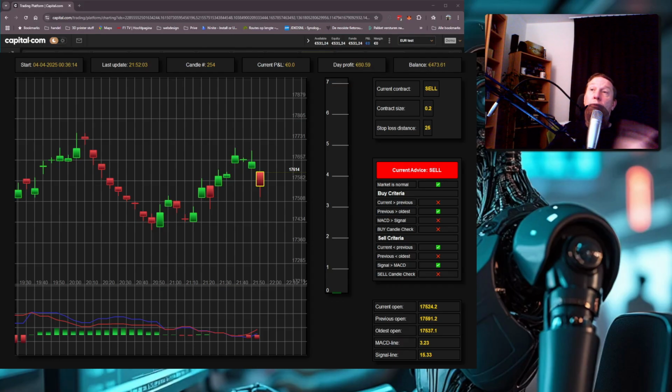It's not correct because it should be 533, but it looks like there is some kind of a calculation error in the current balance with the day profit, and that is not the actual balance that is used for this. So I need to take a look. I thought that I had already solved the problem, and I think, oh, it's only a calculation error, but 60 plus 473 is not 531.